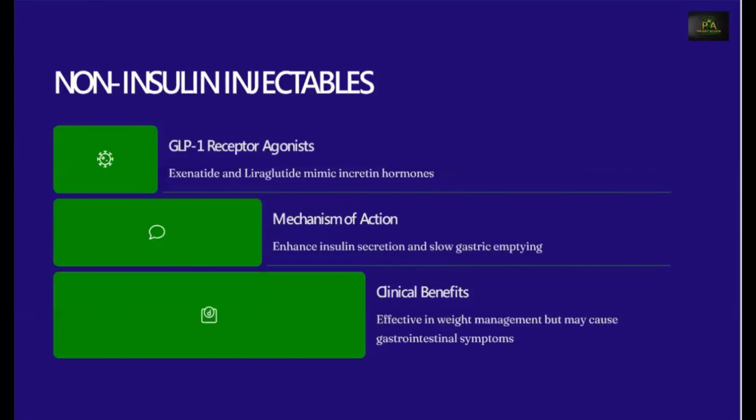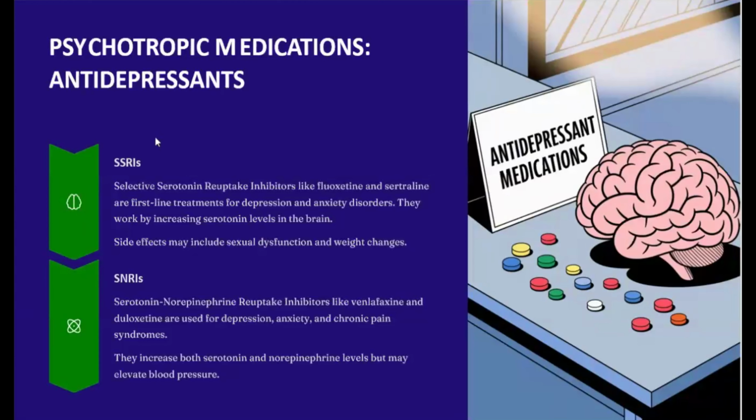Then we have the psychotropic medications. We talked about this one in depth. The SSRI, the SNRI. You must know SSRI for the exam, and we broke it down. We said Paxil, sertraline, escitalopram, citalopram.